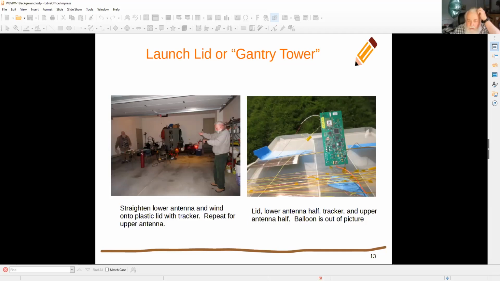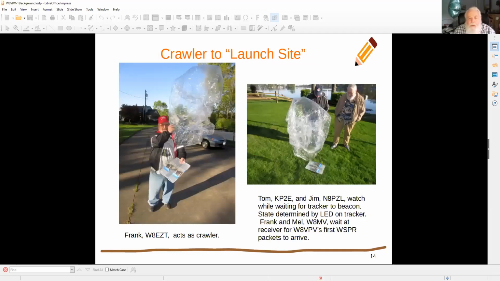Then we tied the end of the antenna back to the balloon here, and we let Frank be the crawler for our launch here. So Frank went outside, and you can see him holding the tray there and the balloon here, and you can see it's not all that inflated.